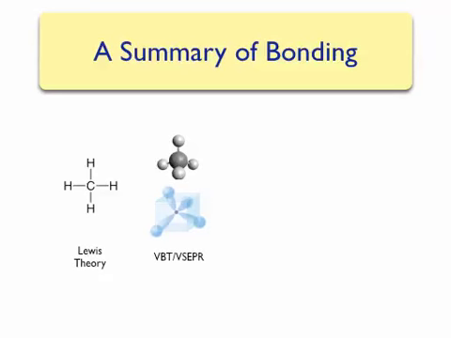These 2 theories gave us 2 additional pieces of information. Valence bond theory allowed us to describe what we see in the Lewis structure in terms of atomic orbitals. Or as I like to say, we've dressed up our Lewis structures with atomic orbitals in quantum mechanics.